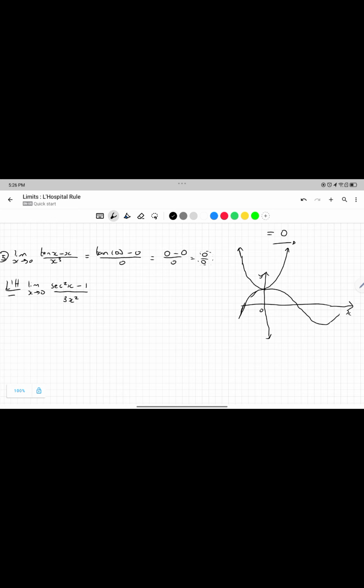At this point, our secant will be 1. So if we have secant squared 0 minus 1 all over 3 times 0, we have 1 minus 1 over 0, which is 0 over 0, which is also an indeterminate.